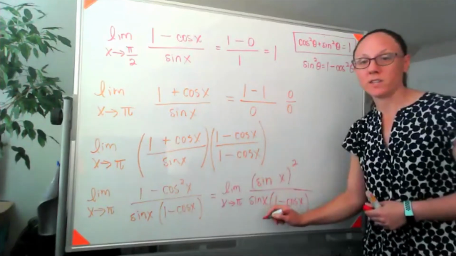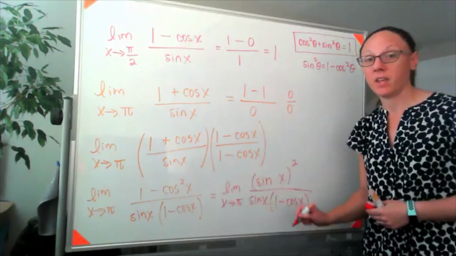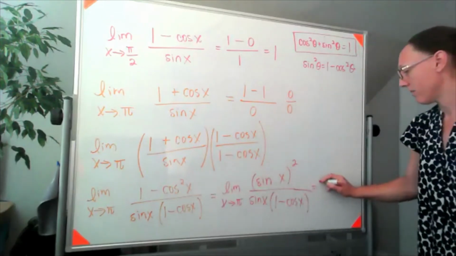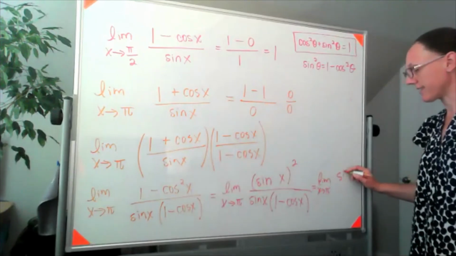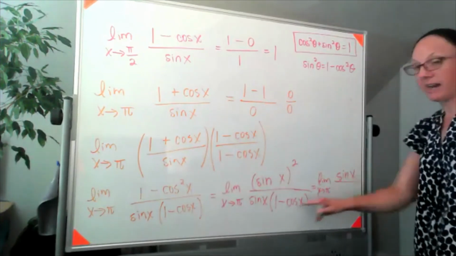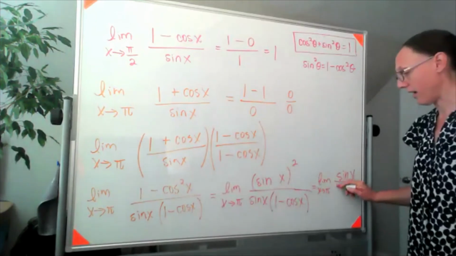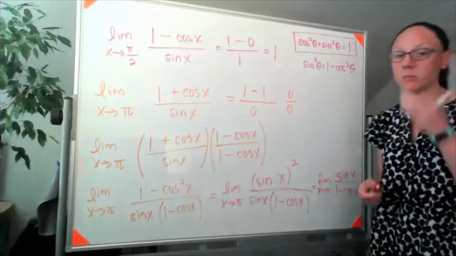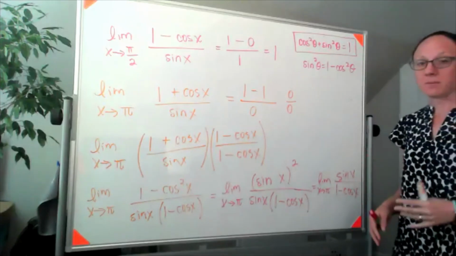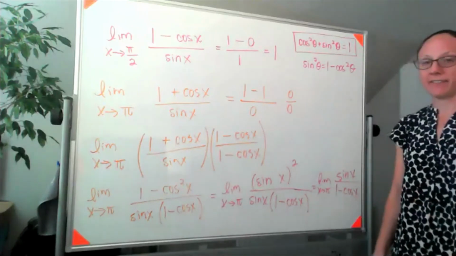So one of those sines will cancel out, and I'm going to be left with the limit as x approaches pi. I've got a sine of x left on the top, and in the denominator, I've got 1 minus cosine x. Last but not least, I'm ready to plug in that limit.